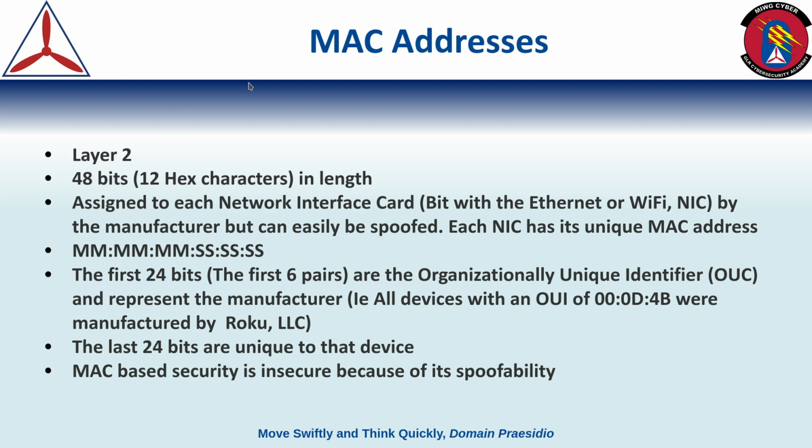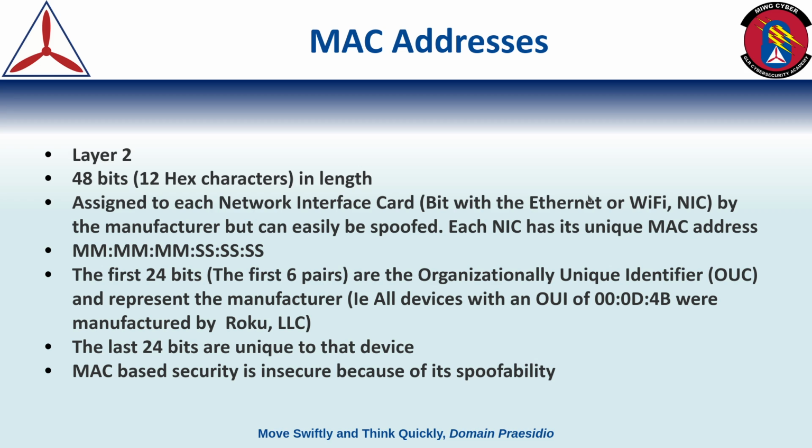A MAC address is 48 bits, and you can see it here as 6 pairs of characters, and those characters are 0 through 9, A through F, because they are hex characters. So 12 hex characters, and they can be separated by a semicolon, a colon, or a dash, or even a forward slash. I've seen it in some cases.